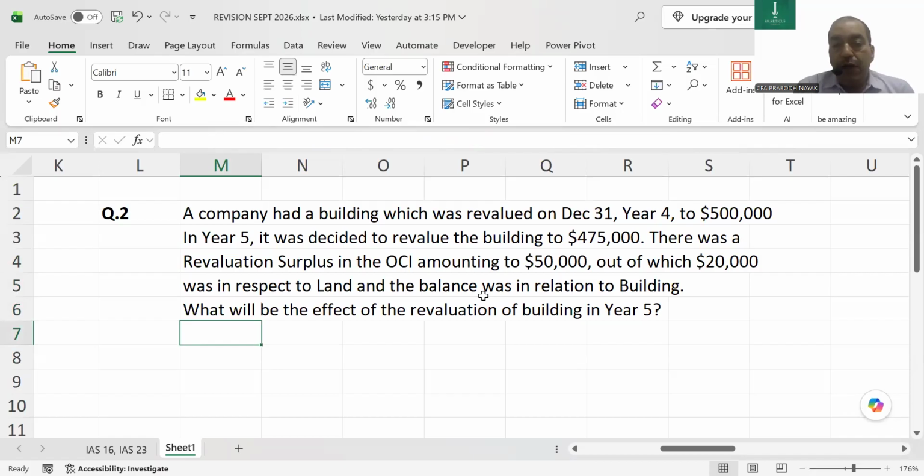So 25,000 is the loss. Out of 50,000, 20,000 is in respect of land, so 30,000 is in relation to building. Of the 30,000 balance, our revaluation loss is 25,000, so 5,000 is still going to be remaining in the OCI. So that 5,000 plus the 20,000 of the land will continue to exist in the OCI. Okay, so let us write down this. Write down the solution for this.